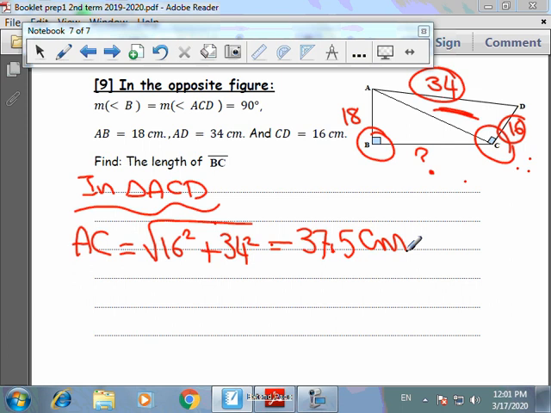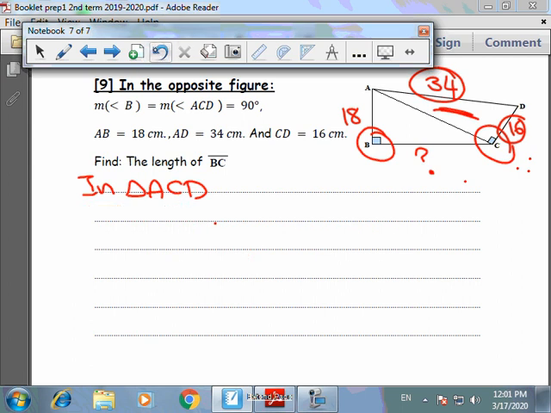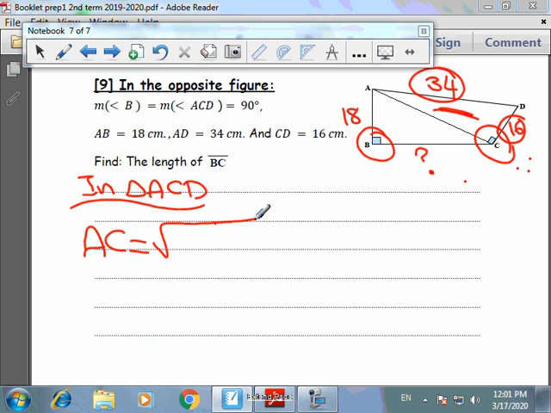Oh, there's a mistake here. Who got it? Excellent. Why did I make plus? Is AC a hypotenuse? No, it's not hypotenuse. Okay, so I have to subtract. So AC equals root 34 squared minus 16 squared, because I add the sides if it's hypotenuse, but AC is not hypotenuse.